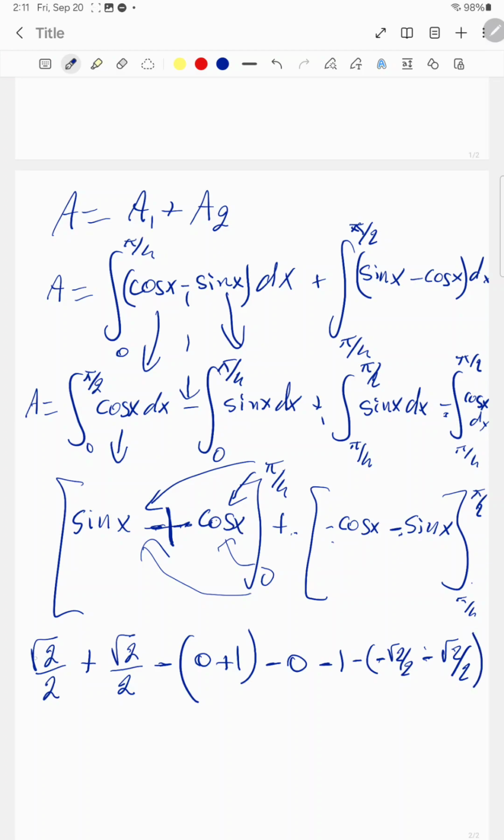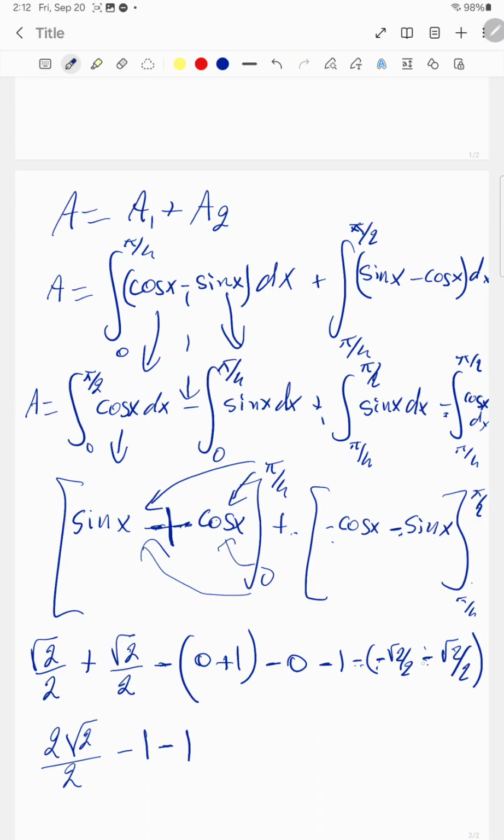So this is square root of 2 divided by 2 plus square root of 2 divided by 2, which is 2 square root of 2 divided by 2, minus 1, because minus times plus is minus 1. Minus 0, I won't put it, and then I put minus 1 here, and then minus times minus is plus, and minus times minus is plus.